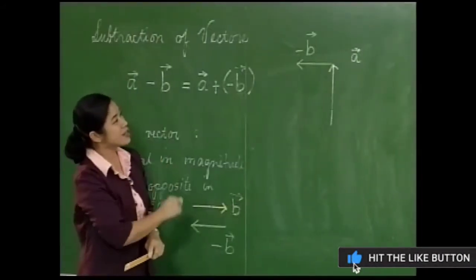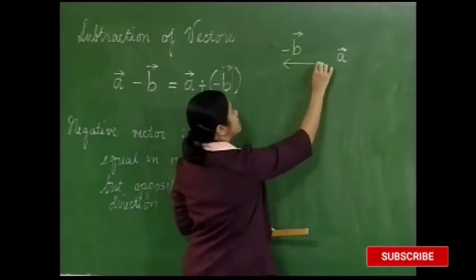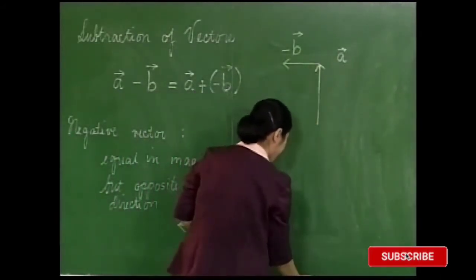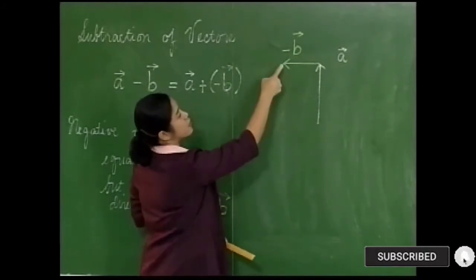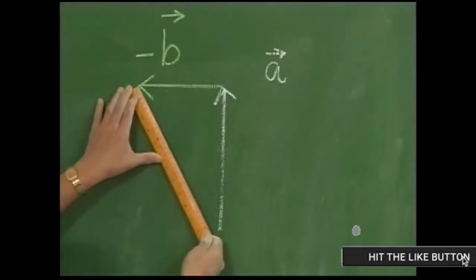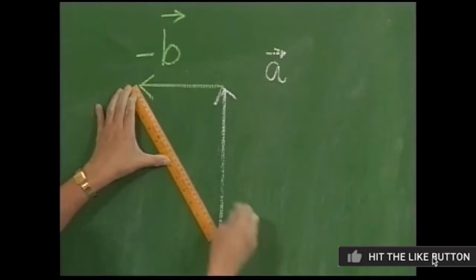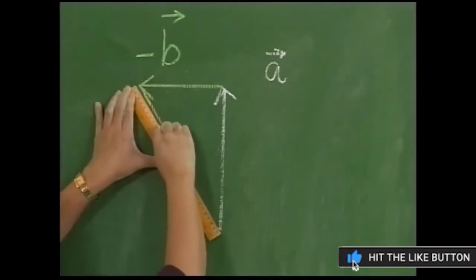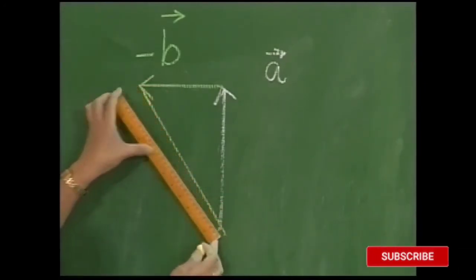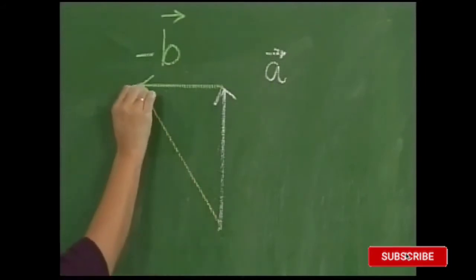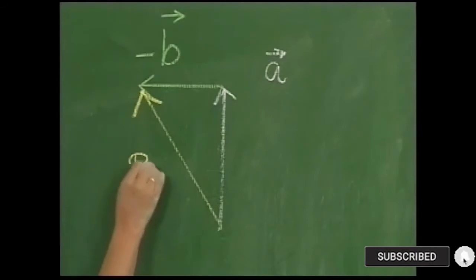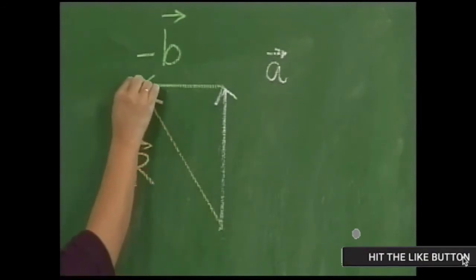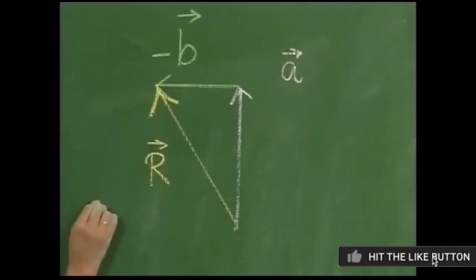What is the resultant vector or the vector sum? Again, the vector sum is simply the vector from the tail of the first vector to the tip of the last vector. So I simply connect. This is my vector R. This is my vector sum.